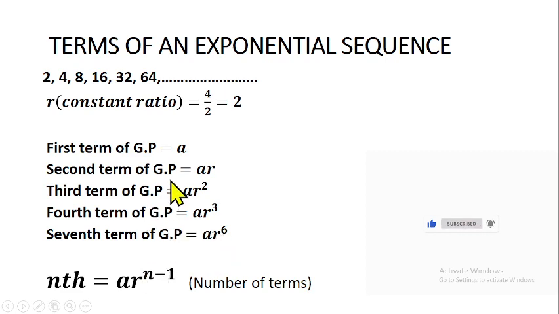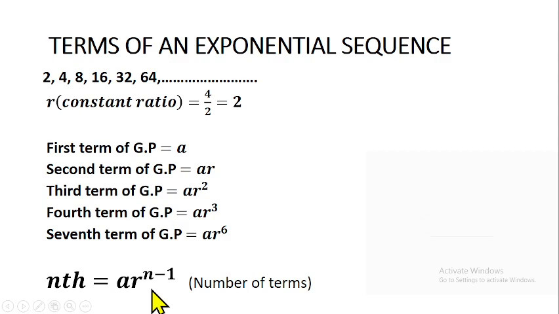So if you want to find any term of a GP, we can use the formula AR raised to power n minus 1, where n is the term you are looking for. Like the 20th term, that would be 20 minus 1, which gives us AR raised to power 19. Like the 30th term, that would be 30 minus 1, which gives us AR raised to power 29. So we can find any term of a GP using this formula.